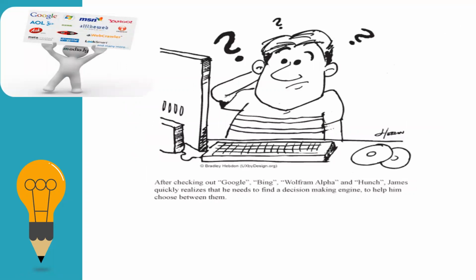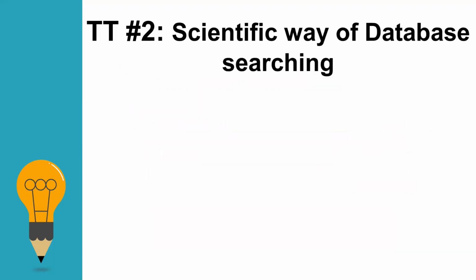But where to search? We have so many search engines and they give so much output. Is that a solution? No. So let us seek the solution for you. So the first trick is the scientific way of database searching. The scientific way of database searching is categorized into three heads.